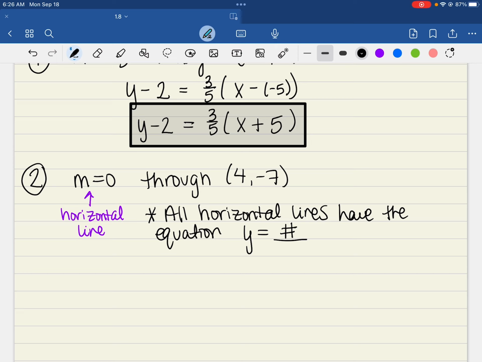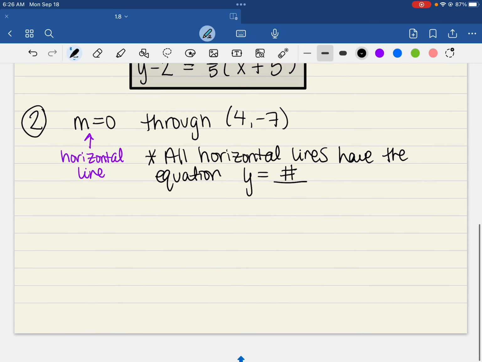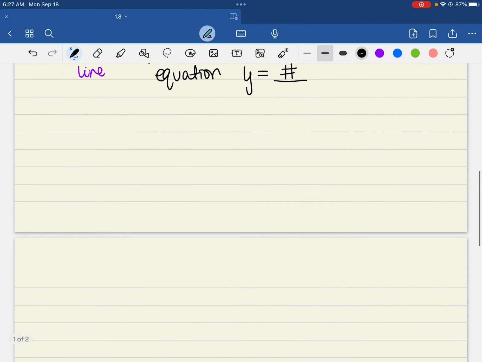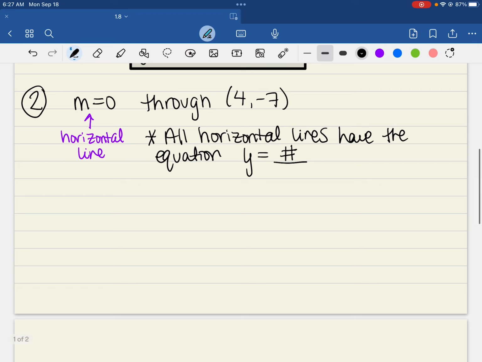If you have a horizontal line with 0 slope, the equation is always going to be y equals some number. So let's see what happens when we substitute in those values and see what we get.